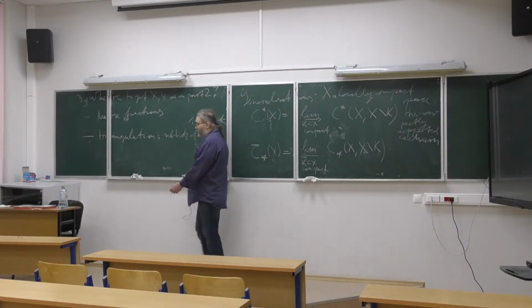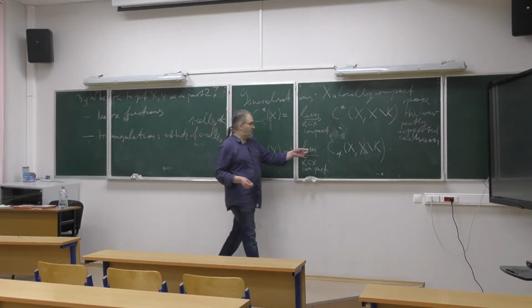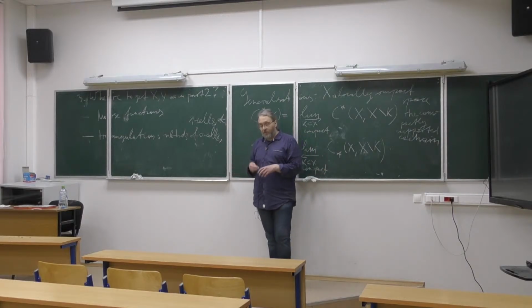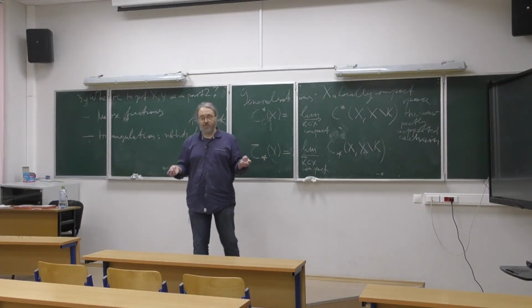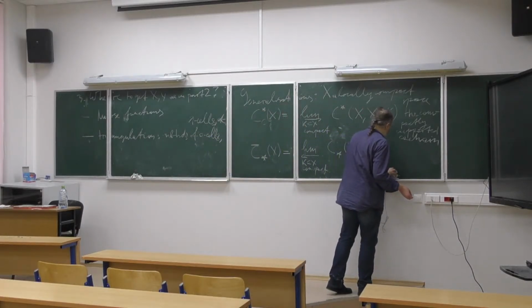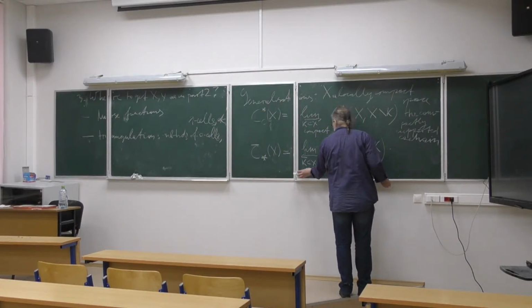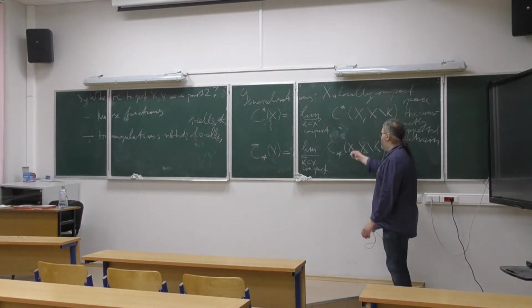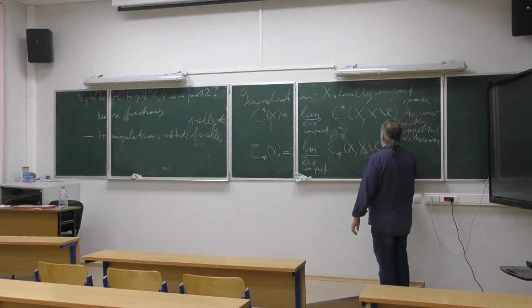But then I get an inverse limit instead of a direct limit, which creates a certain amount of problems, unfortunately. So these are called locally finite chains.